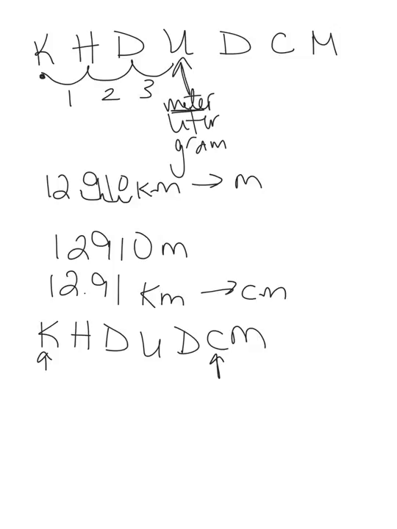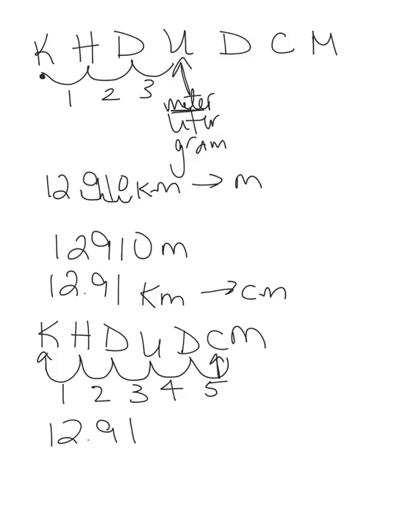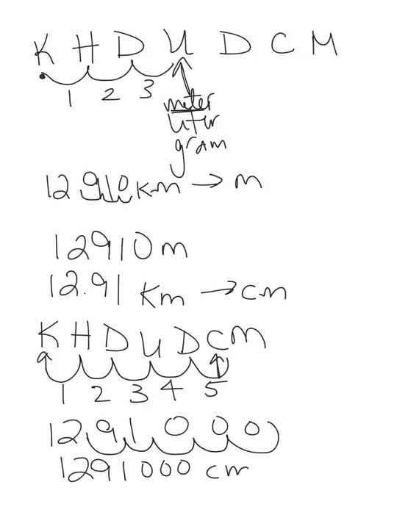So how many jumps? 1, 2, 3, 4, 5 jumps to the right. So we're going to take our number, 12.91, and move it 5 places to the right. 1, 2, 3, 4, 5. So our conversion is 1,291,000 centimeters. Okay, let's try another one.